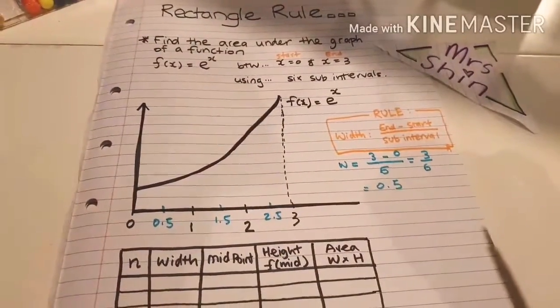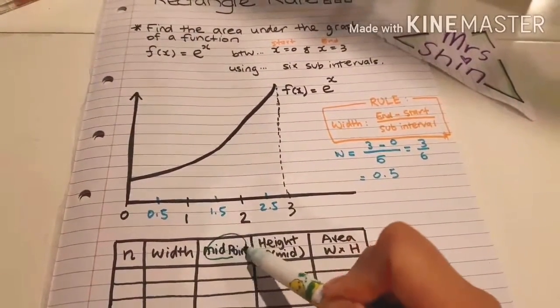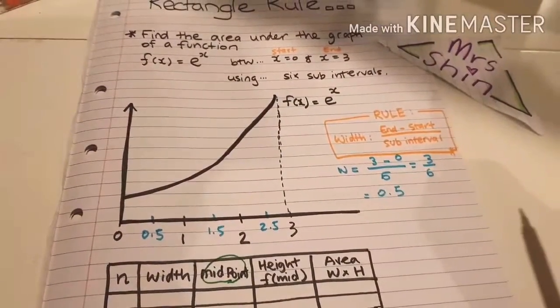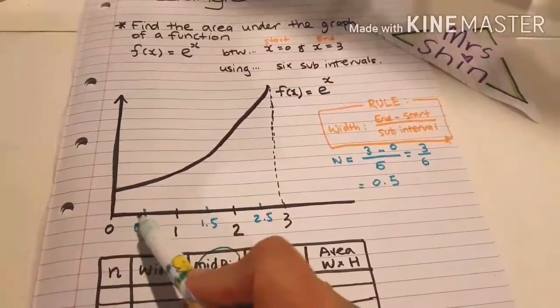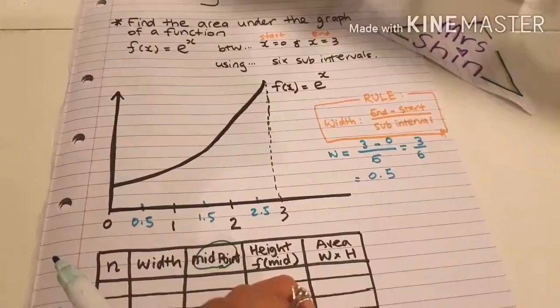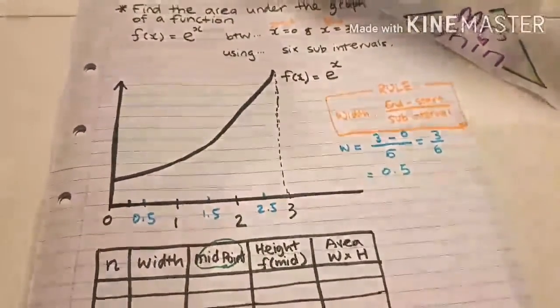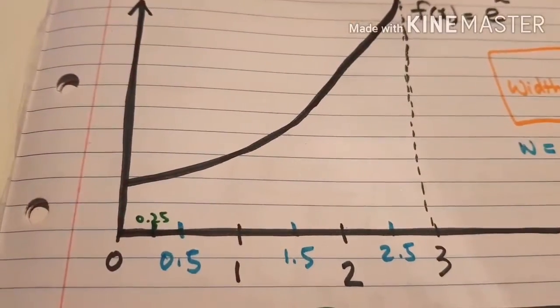For this rectangle rule, the most important thing is seeing what the midpoint is. I know that one rectangular box is from 0 to 0.5. So the midpoint of this would be 0.25.